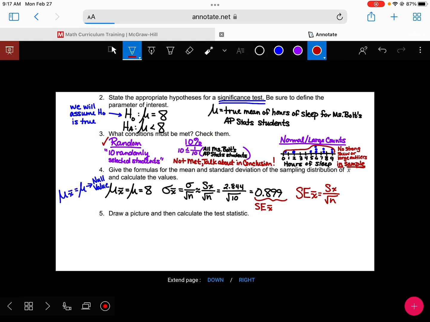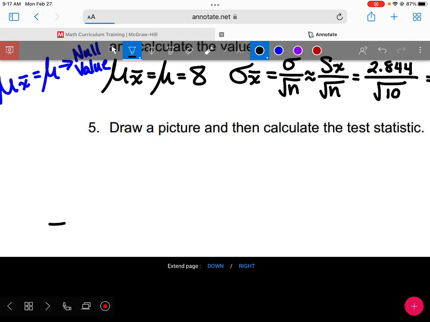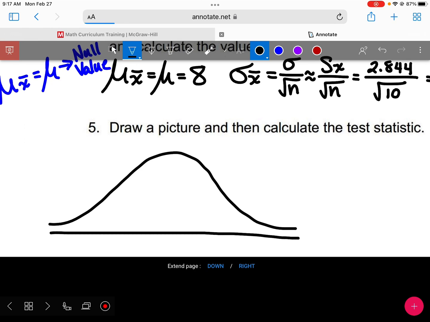I want to draw a picture. Whenever we do significance testing, hypothesis testing, we need to draw a picture. What should go right in the middle of my picture? Mu, which would be not my X bar. 8, right?